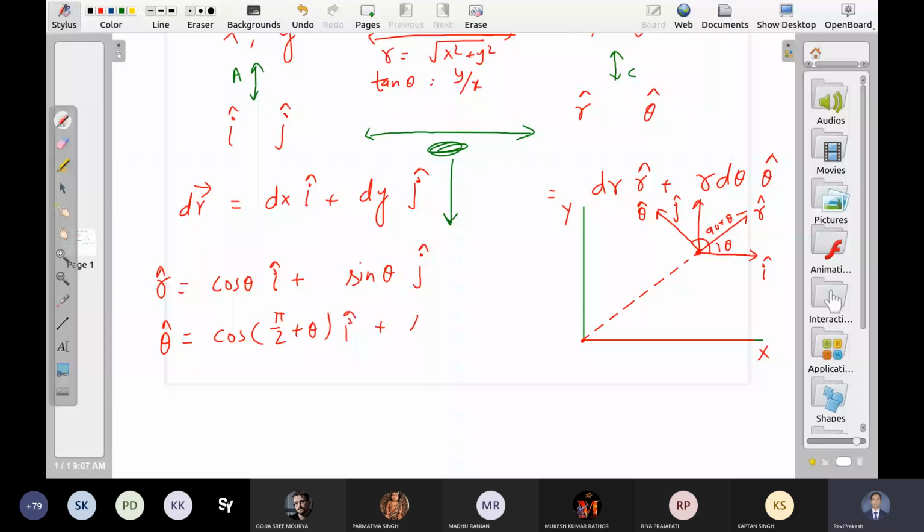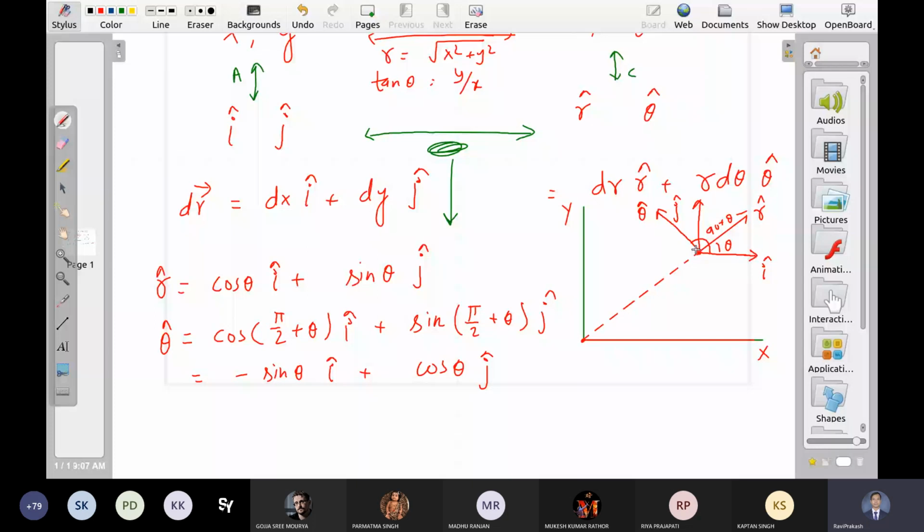This becomes minus sine theta i cap plus cos theta j cap. You can also see the x component is in the negative direction, whereas the y component is in the positive direction. So we have got this relation also.